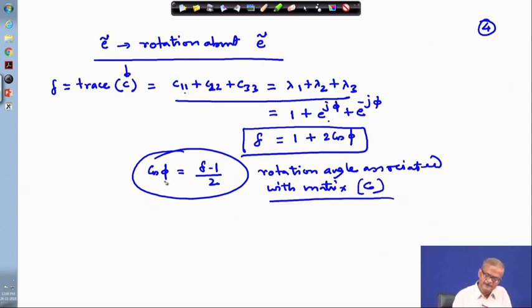So, this is the angle by which the rotation matrix C will rotate about the eigen axis. So, given a general angular displacement, that will correspond to one single displacement of magnitude phi about the eigen axis E tilde.